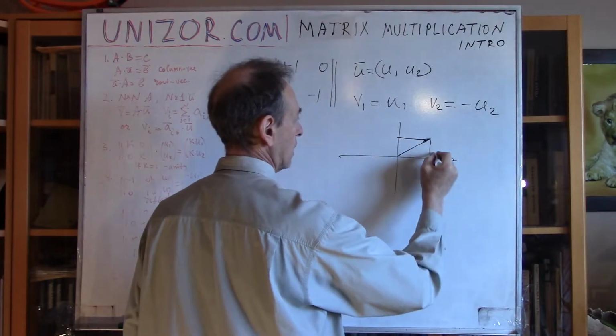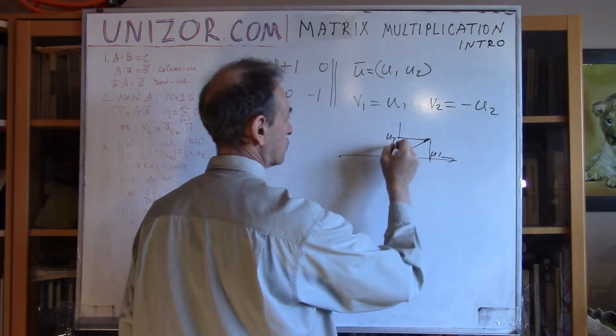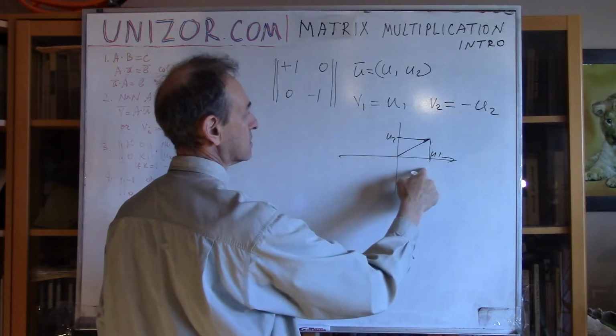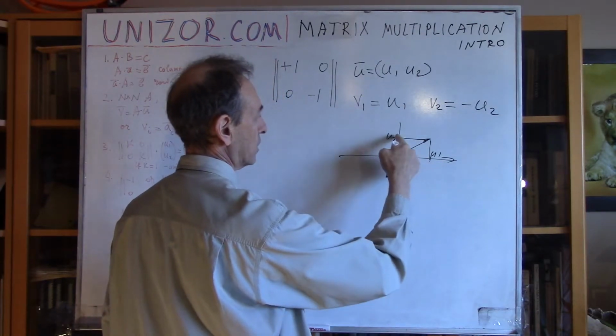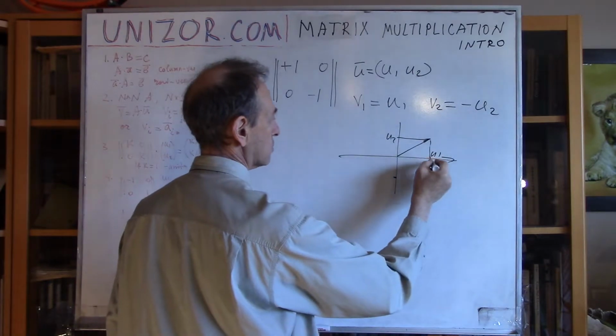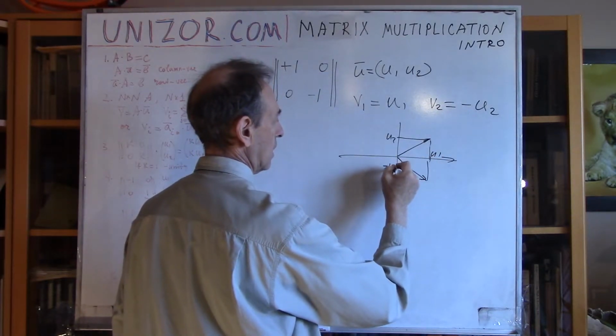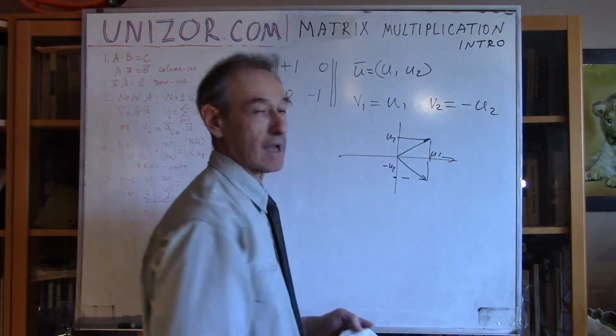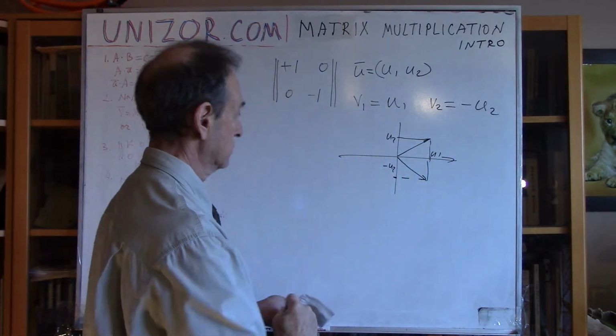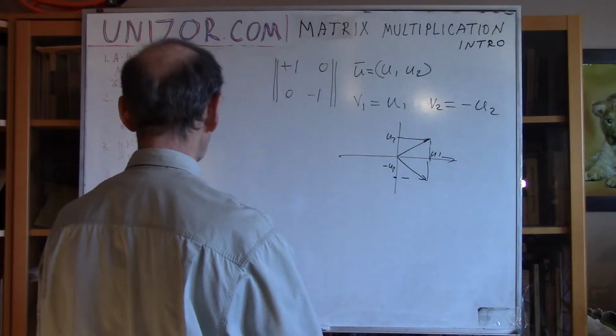This is our vector u1, u2. u1 remains intact, but u2 is changing to minus u2. So that would be reflection relative to the x-axis. All right? That's as simple.